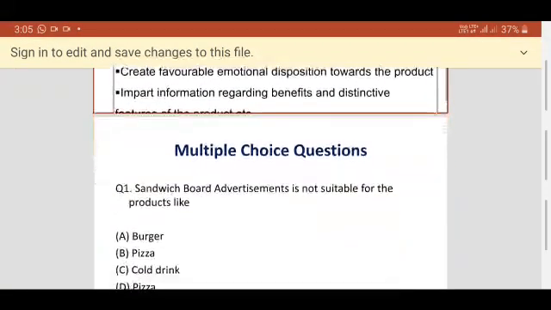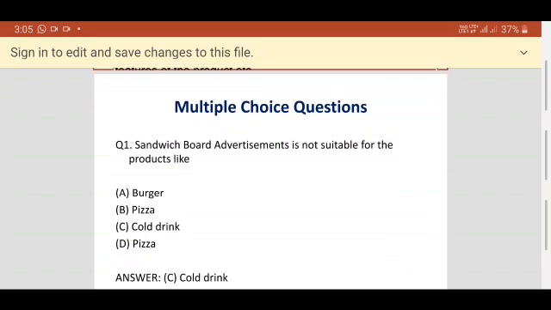Next, multiple choice. The first question is: sandwich board advertisement is not suitable for products like burger, pizza, cold drink, and pizza. The answer is cold drinks.